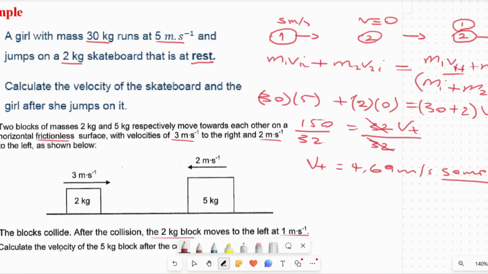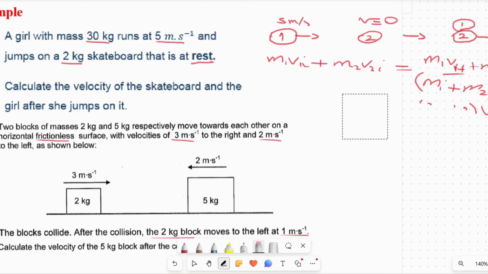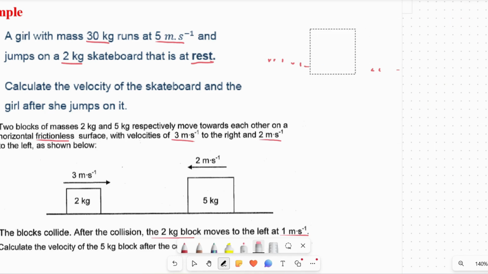So now let's see how we can solve this. When we are solving this, again we're going to apply the principle of conservation of linear momentum. So what does it say?